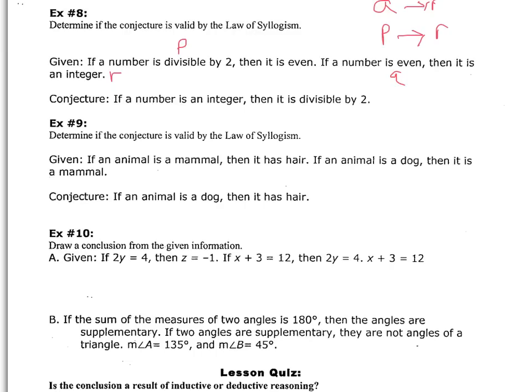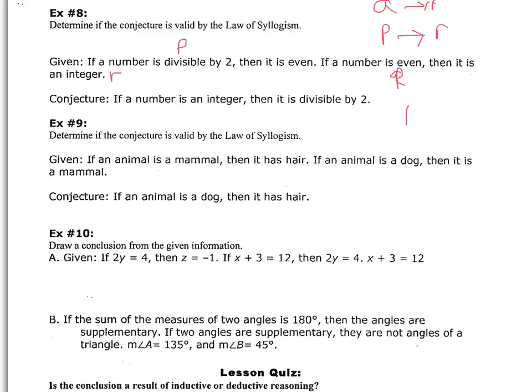Let's look at this real quick. If you have P going to Q, you're saying that if a number is divisible by 2, then it is even, which would be true.